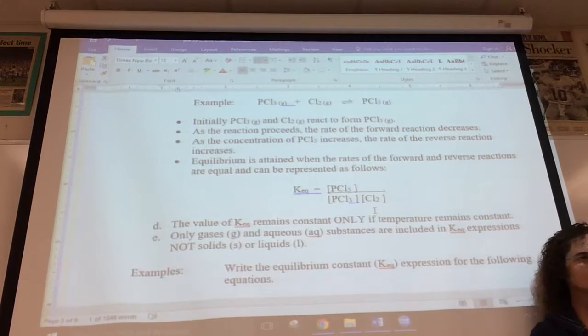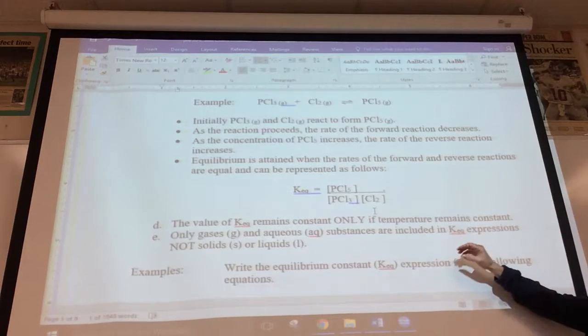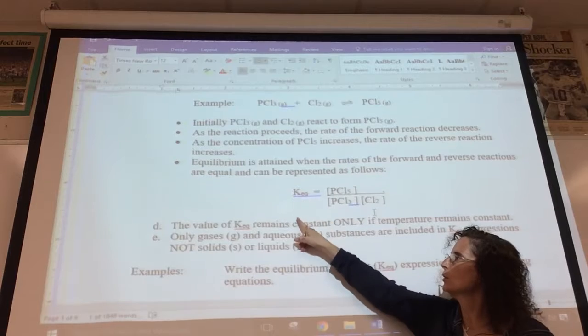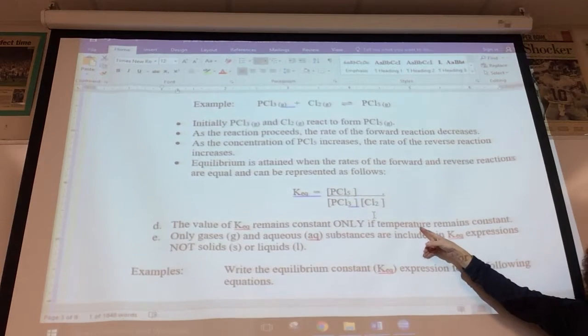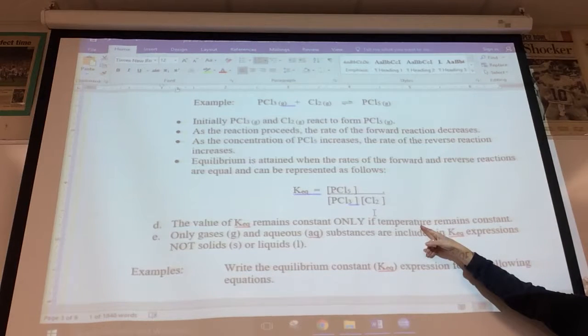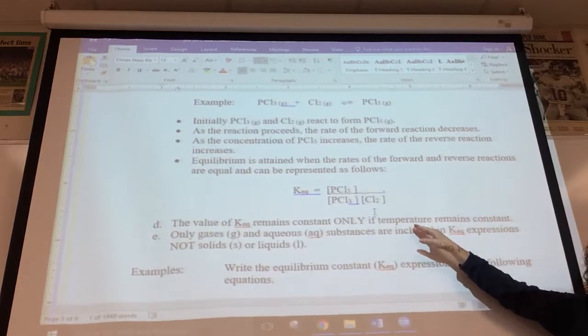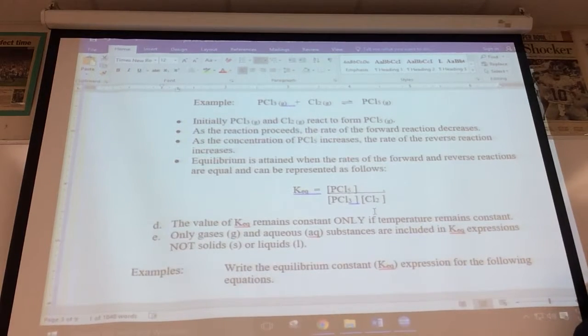Two important points here that I want to make, and we'll come back to them again and again. The value of KEQ is temperature dependent. If you alter the temperature, you alter the value of KEQ. Temperature is the only factor that alters the value of KEQ.